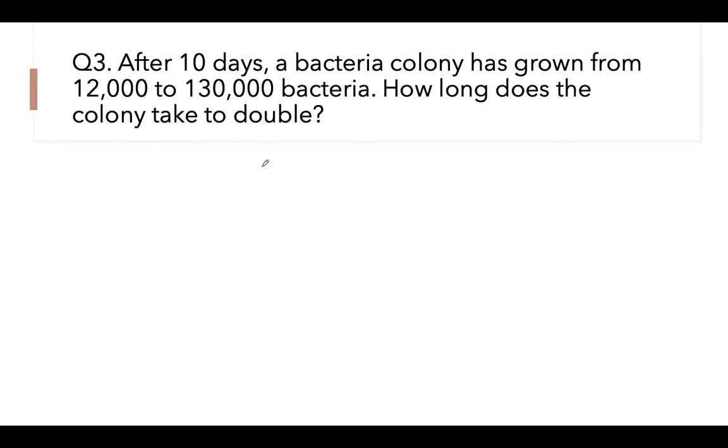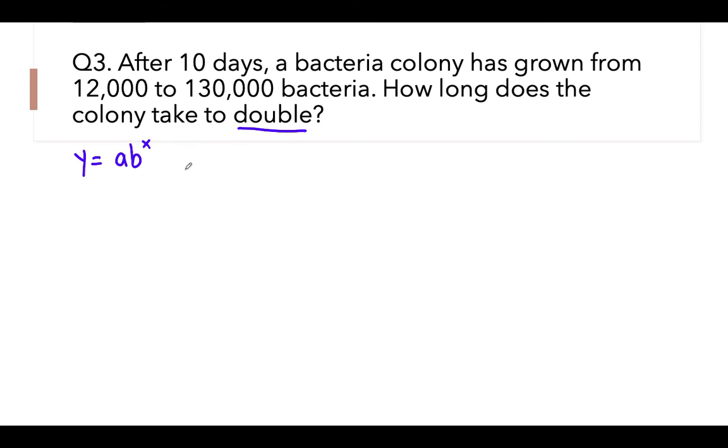After 10 days, a bacteria colony has grown from 12,000 to 1,300,000 bacteria. So how long does the colony take to double? Okay, so for a doubling question, first let's write down the exponential. y is equal to a b to the x. This is the exponential growth.